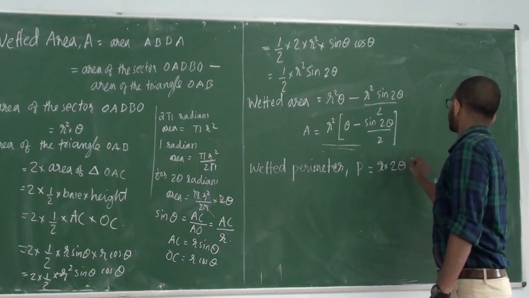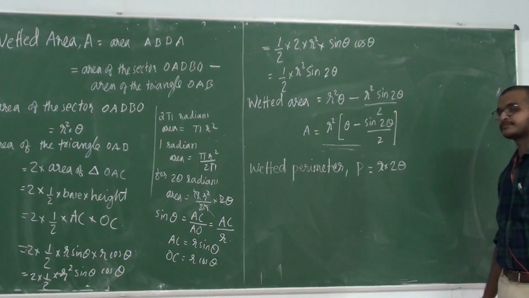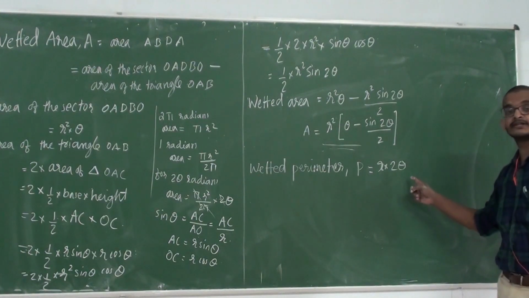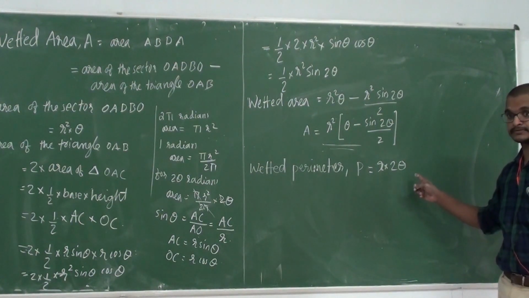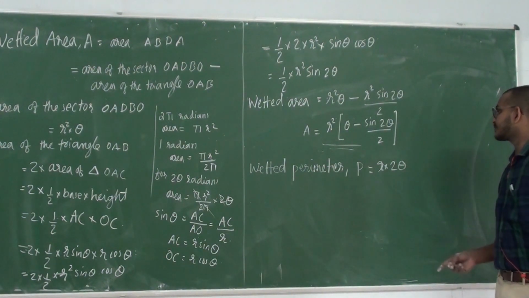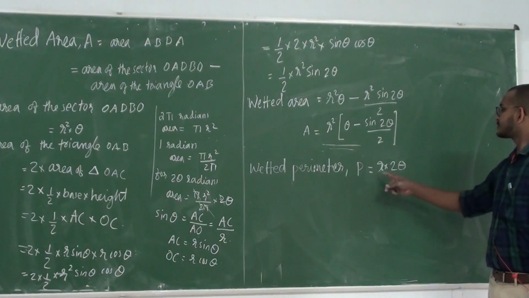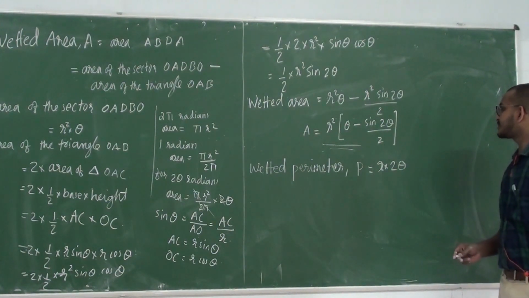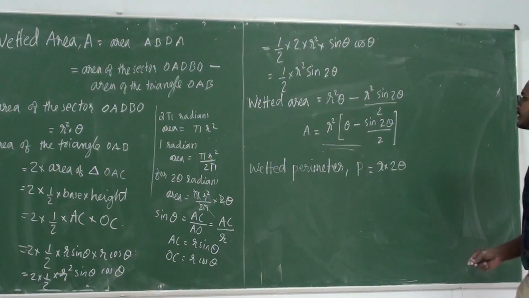So this is the vectored perimeter P, r into 2 theta. Please note that the theta should be in radian. If the theta is not associated with a trigonometric function, then theta must be in radian. So P is equal to r into 2 theta.